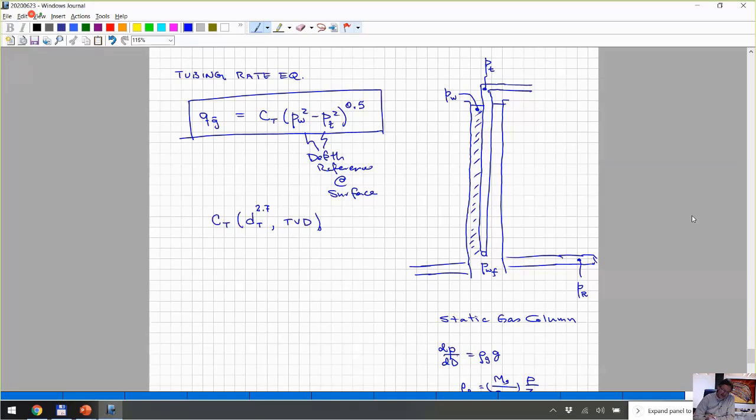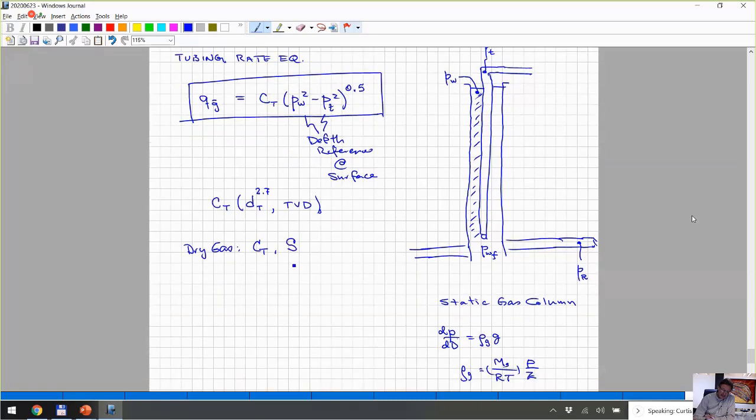So again, for dry gas, the constant CT and the constant S, which is this gravitational term, remain unchanged through the entire life of the well.